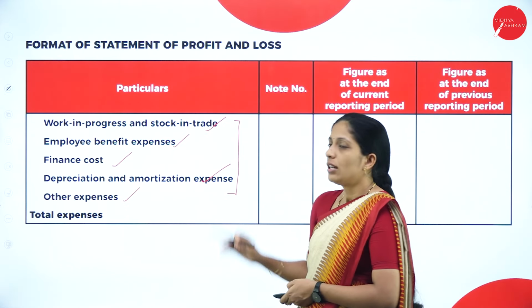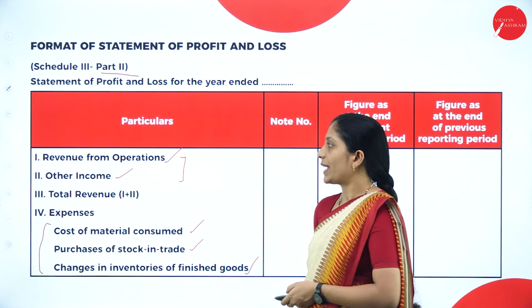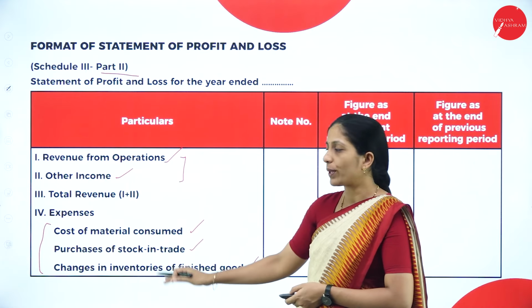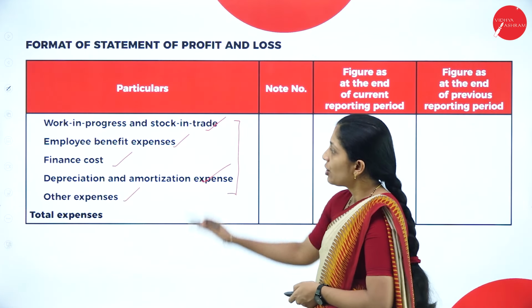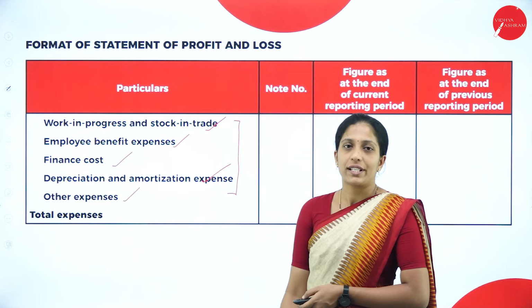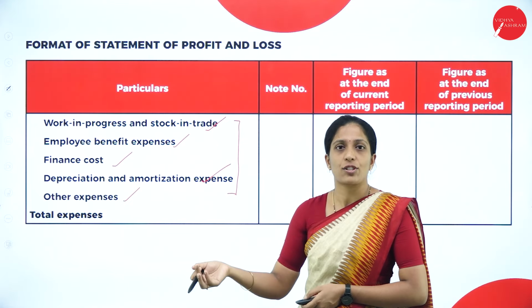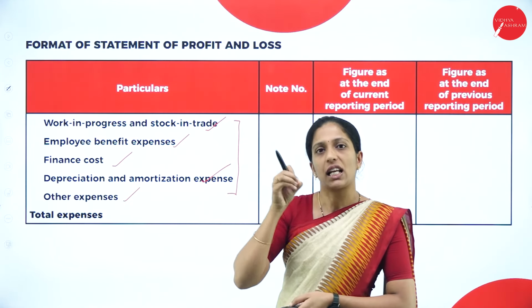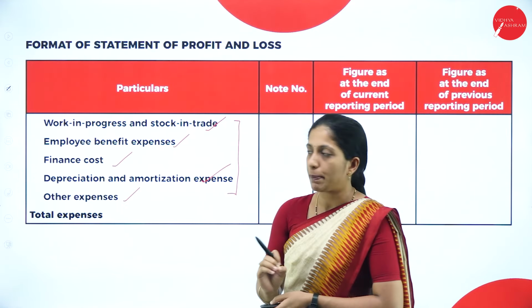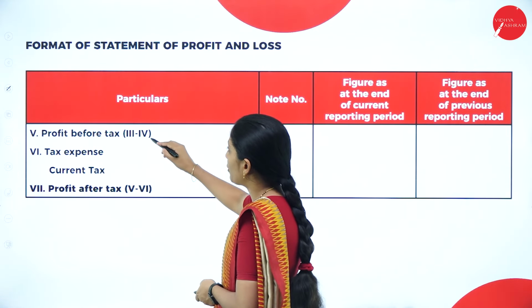So your first one was revenue from operations, 2 other income, 3 total income, 4 expenses. Under each individual expense, in the next session we shall see what is included under each and every individual expense.